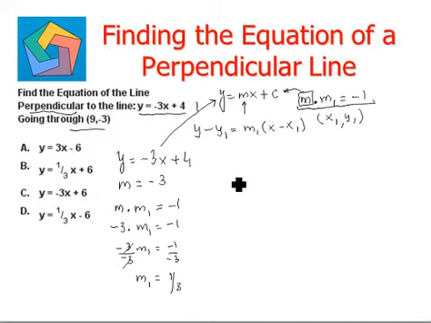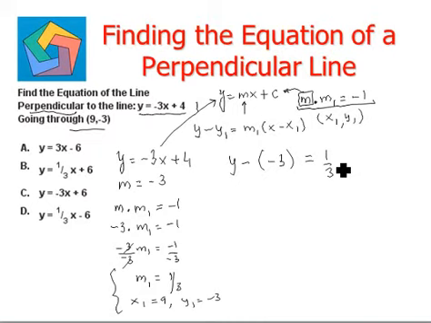Now we have m1, we have x1 as 9 and y1 as negative 3. Using these three quantities, we'll find the equation of the line. y minus y1, which is negative 3, equals m1, which is 1/3, times x minus 9.